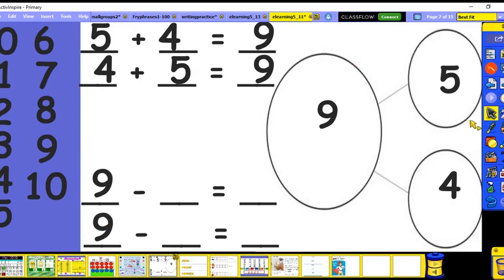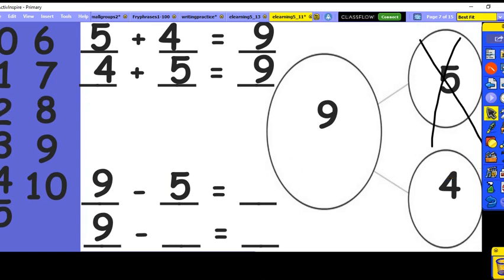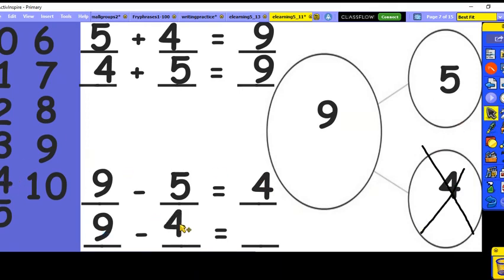We're going to take away one part, 9 minus 5. So if we take this part away, how many do we have left? 4. Good. 9 minus 5 equals 4. And 9 minus 4 equals 5.